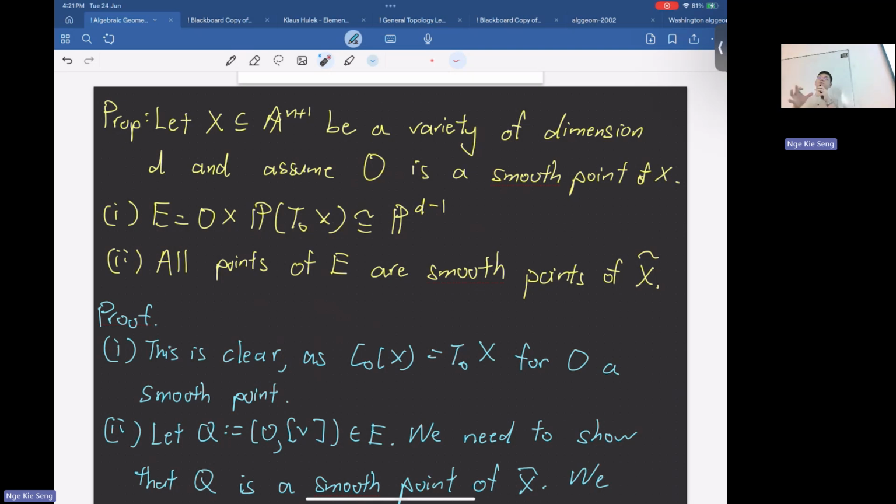After blowing up, it means the blowup won't change the smoothness. If the blowup changed the smoothness, then it would be a bit difficult: you become not smooth, then smooth again, then not smooth again, alternating. But blowing up assures you that if you are already a smooth curve, you blow it up, it's still smooth.